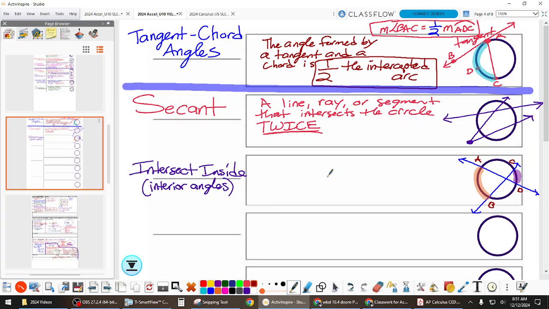And we need one in the center. So measure of angle AEB, here's the big deal: it's 1/2 of the sum of those two. Half the sum.